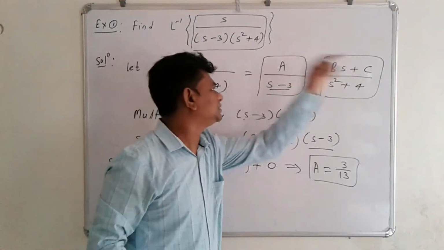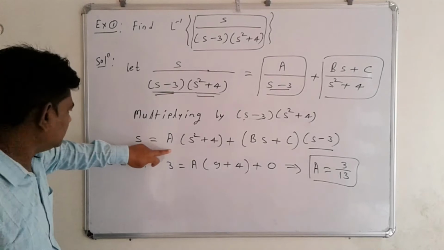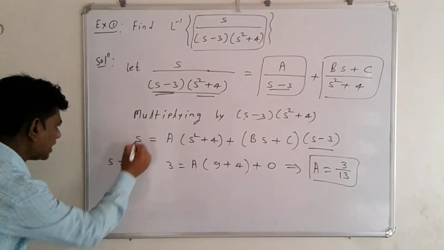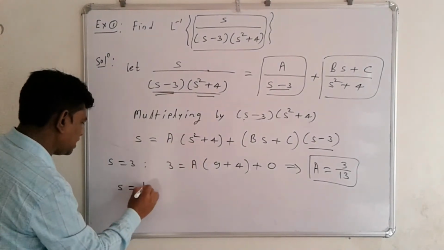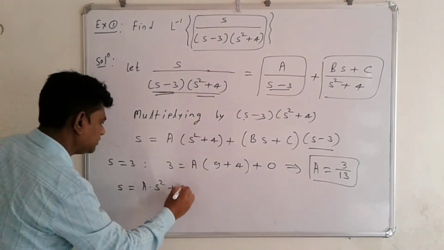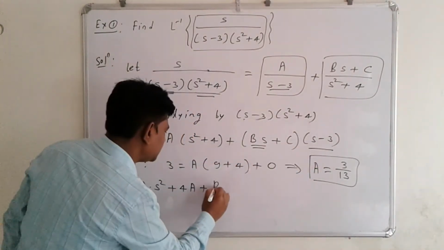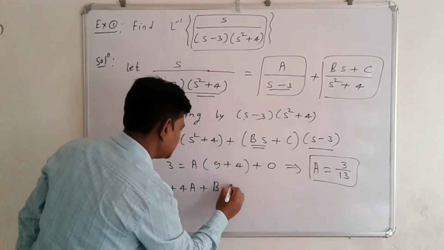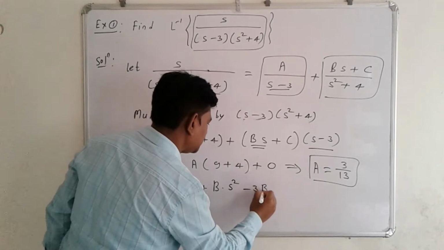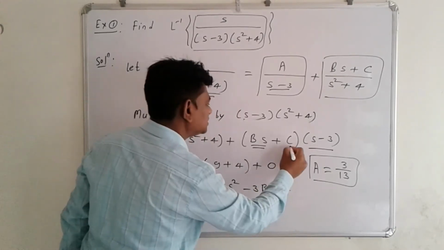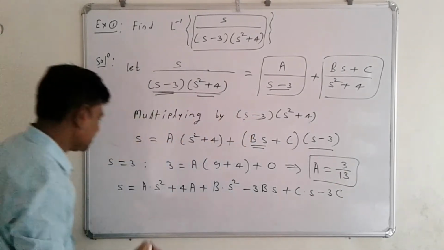Now for b and c, we are going to simplify this term. This implies that s is equal to a times s square plus 4 times a, plus b times s into s, answer is b s square, minus 3 times b s, plus c times s minus 3 times c.